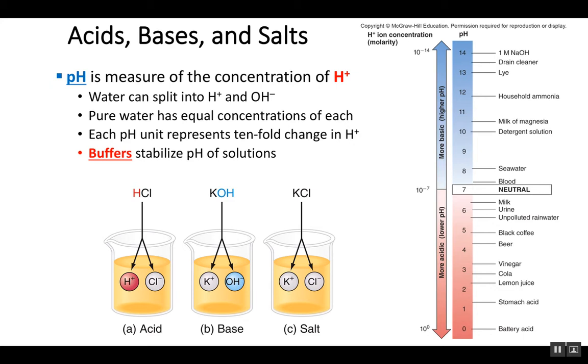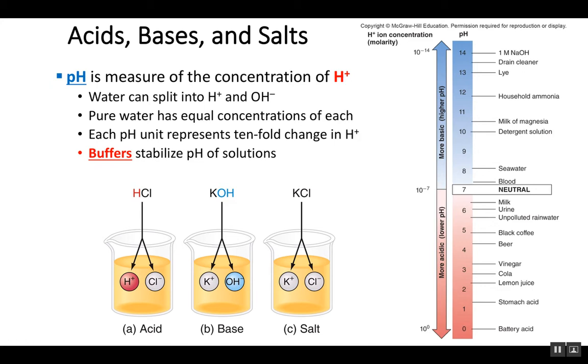For example, we have little channels called proton pumps. Those proton pumps pump protons, but also hydrogen ions. They're the same thing. Okay? So the more of these you have in a solution, the more protons or hydrogen cations, the more acidic you are. The less of these you have in a solution, the less acidic you are.